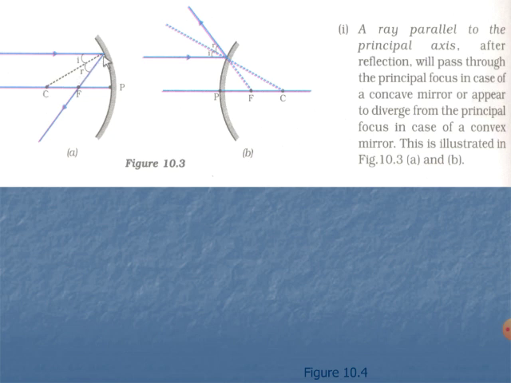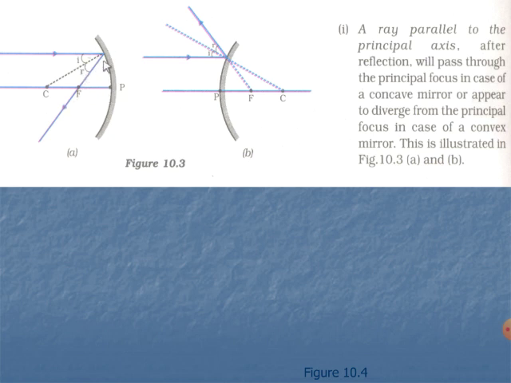So this is the incident ray, and this is the normal at the point of incidence. The angle between the normal and the incident ray is the angle of incidence, and the angle between the reflected ray and the normal is the angle of reflection. So the first law, angle of incidence equals angle of reflection, should also hold good for spherical reflection.